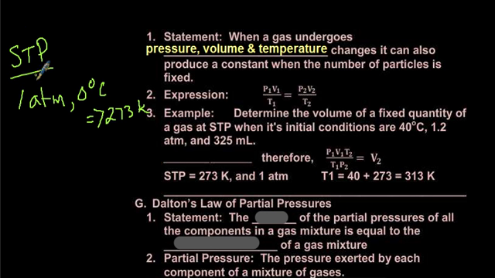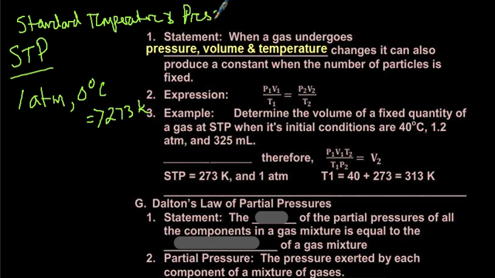This is standard temperature and pressure: standard pressure, standard temperature. Determine the volume of a fixed quantity of gas at STP when its initial conditions are 40 degrees Celsius, 1.2 atmospheres, and 325 milliliters.